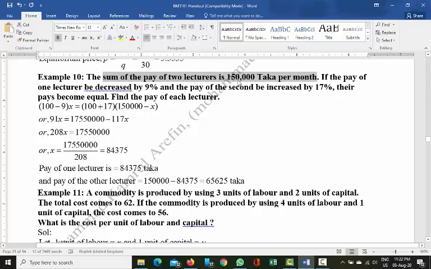Suppose one lecturer gets x taka per month, so the other lecturer will get 150,000 taka minus x per month.